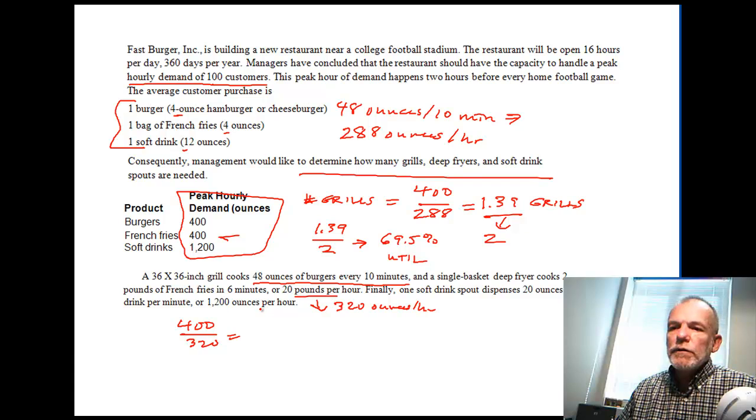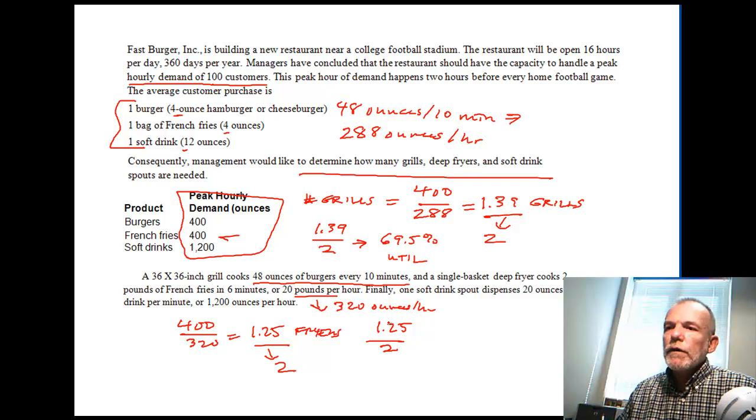That would give us 1.25 of the fryers needed. Management decides to go ahead and get 2, and so that utilization would be 1.25 over 2. And so you can see again the utilization is fairly low. It's about 62.5%.